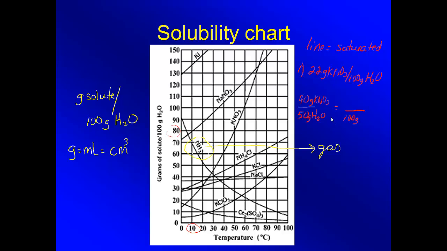So you have to keep everything in the same proportion. So if I double my water for my graph, then I need to find 80 grams of KNO3. Where can I dissolve 80 grams of KNO3? So use your graph, 80 grams KNO3, there's that same point right there. What temperature is that? That's 50 degrees. So your answer for number 3 would be 50 degrees Celsius.